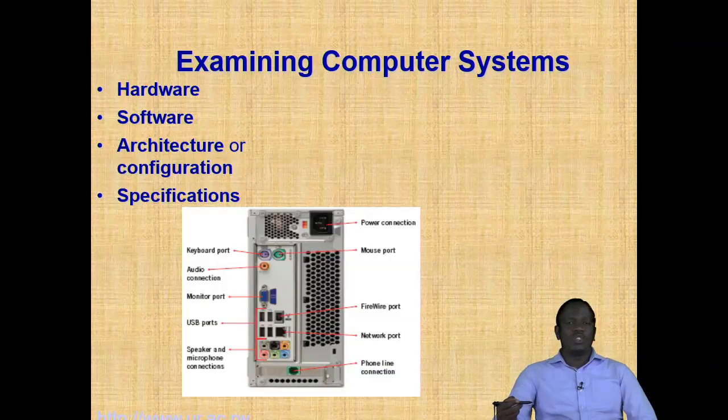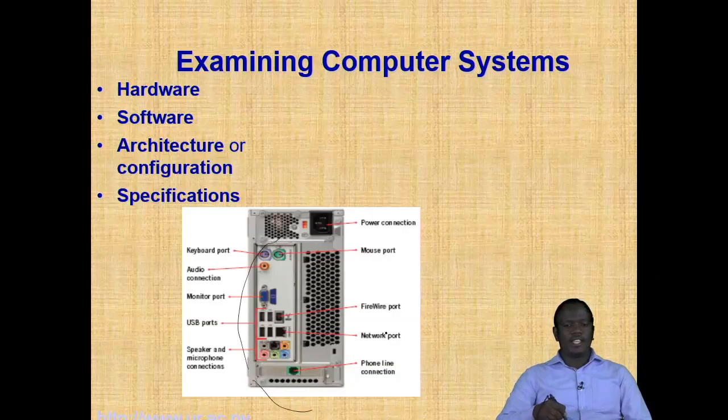The configuration is the computer design, which the designer can use. Specifications are the technical details of the computer, where you can measure the monitor size or the RAM size.